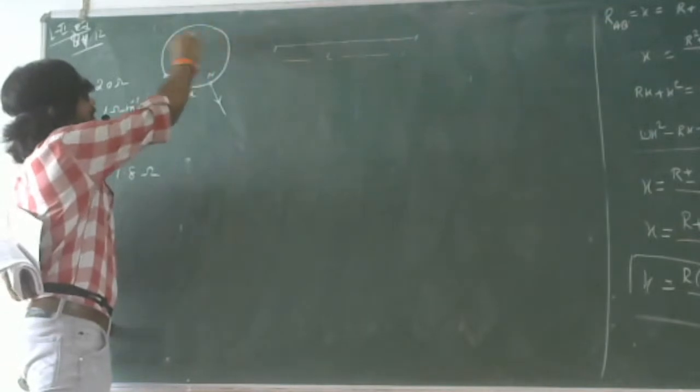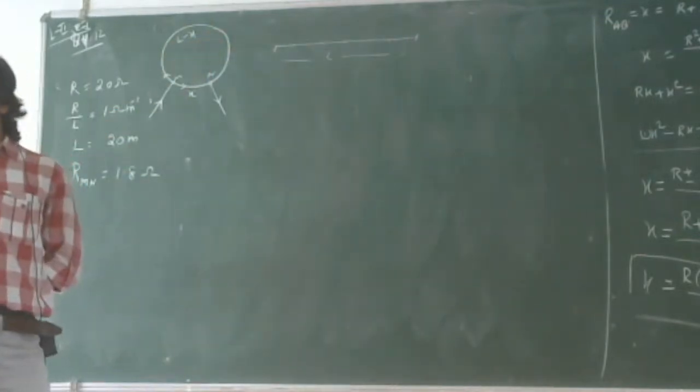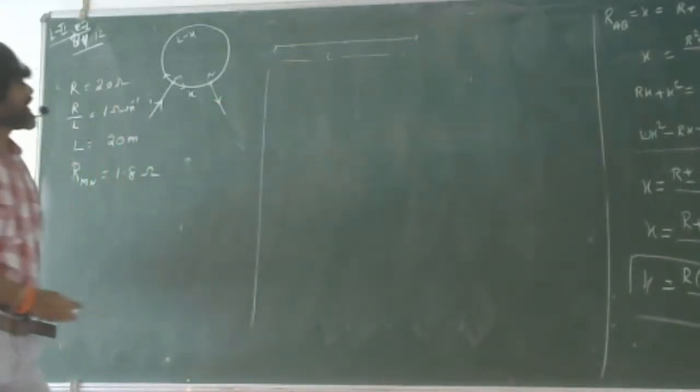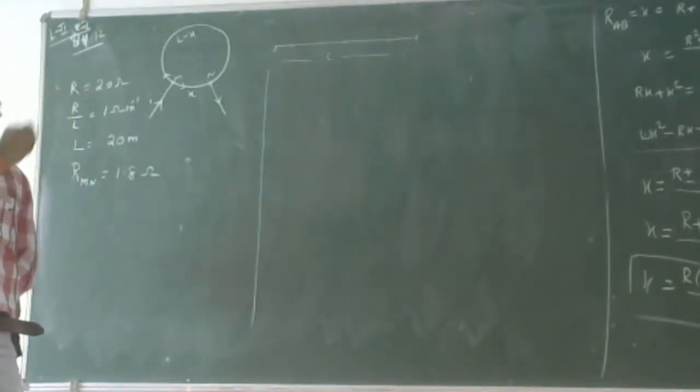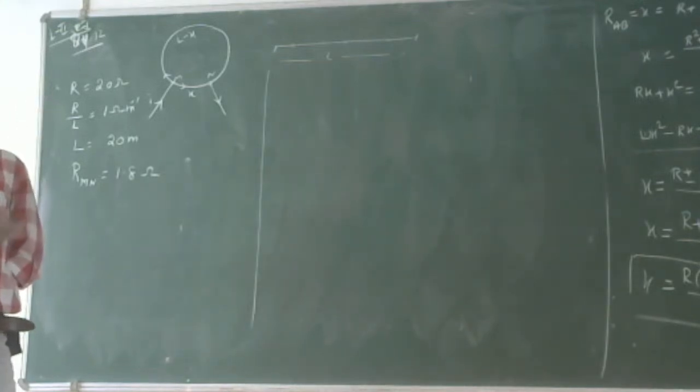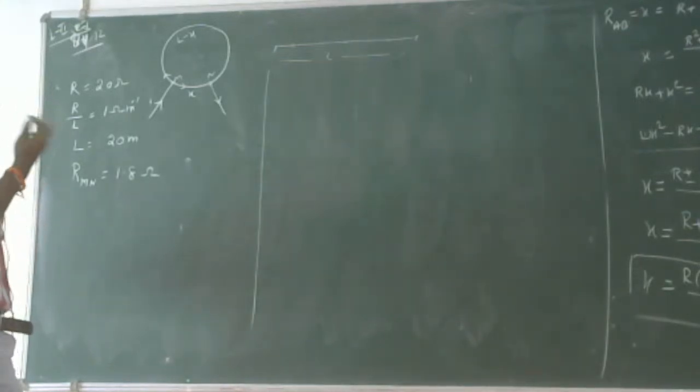The remaining part will be L minus x. The total circumference would be 2 pi r, and if required you can use that form also. By making use of the proportionality between length and resistance, we can consider these two as two resistors in parallel and find the value of x.